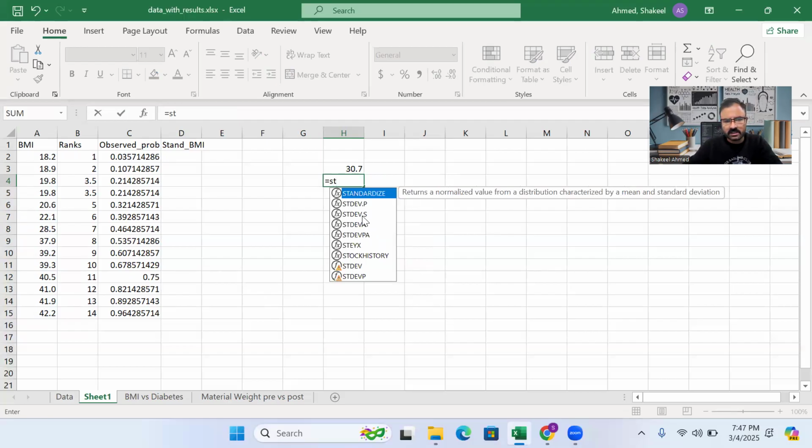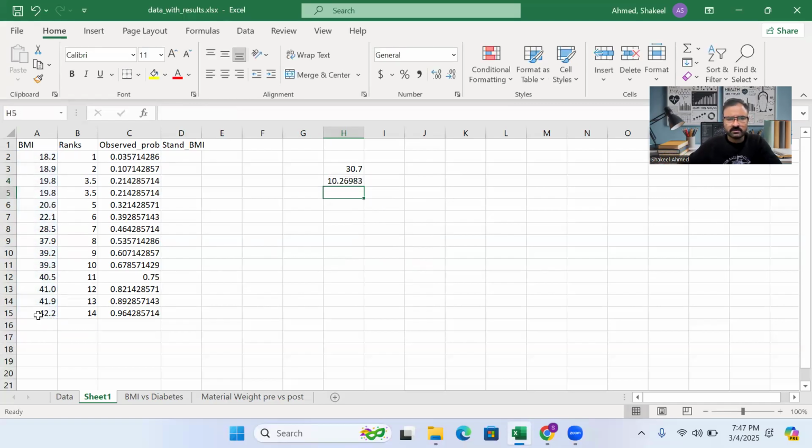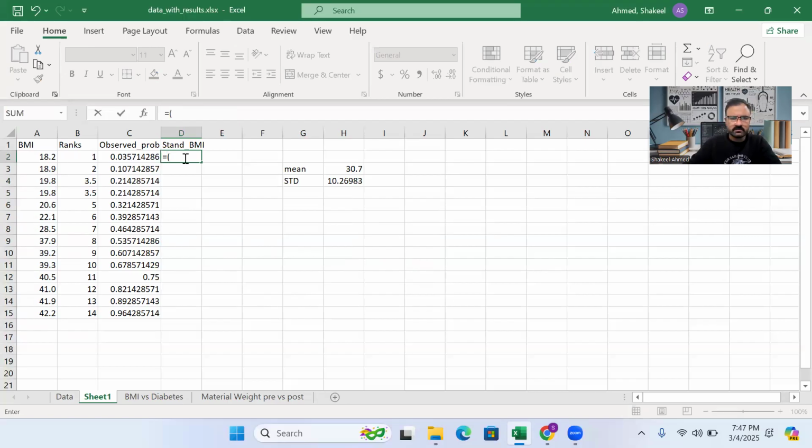We are using the standard deviation of the sample, and then again select the observations and close. So this is the mean and this is the standard deviation, and we can now find the standardized value: the observation minus the mean, divided by the standard deviation.